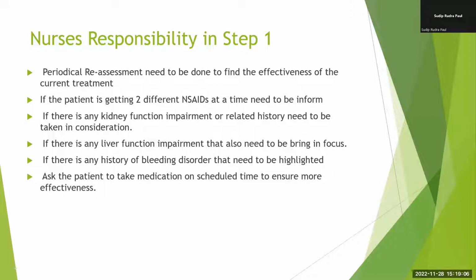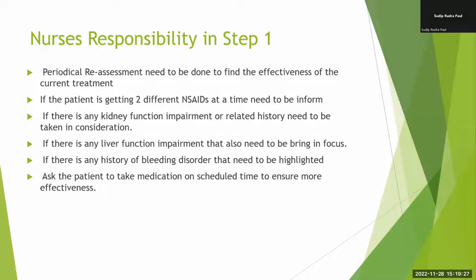What is our nurse's responsibility while administering step 1 drugs? Periodic reassessment needs to be done, to check how effective our treatment is. Next, if the patient is getting 2 different kinds of NSAIDs at a time, we need to inform the doctor.